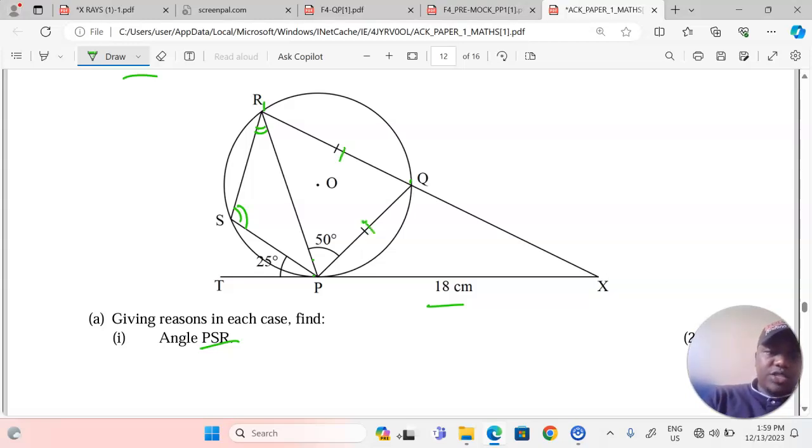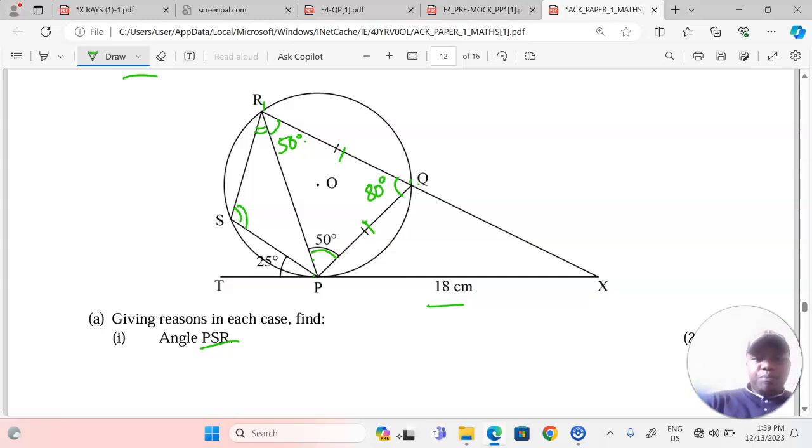This length and this one, they are equal. That means if this base angle at this point is 50, the angle at this point is also going to be 50. And PQR being a triangle, then 50 and 50 gives us 100. So the value of this one is going to be 80 degrees.